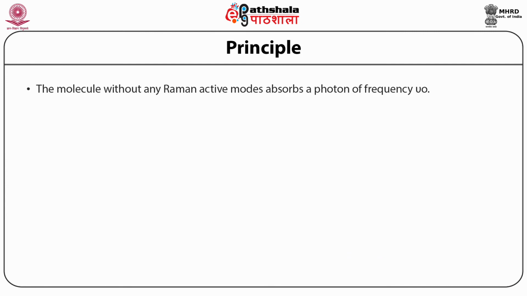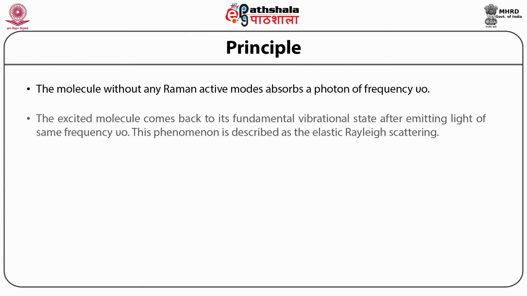Students, the molecule without any Raman active modes absorbs a photon of frequency nu0. The excited molecule comes back to its fundamental vibrational state after emitting light of the same frequency nu0. This phenomenon is described as the elastic scattering.